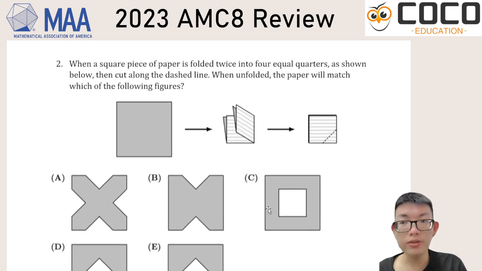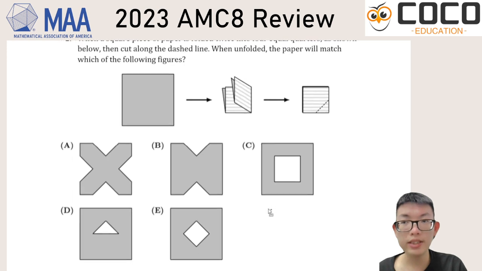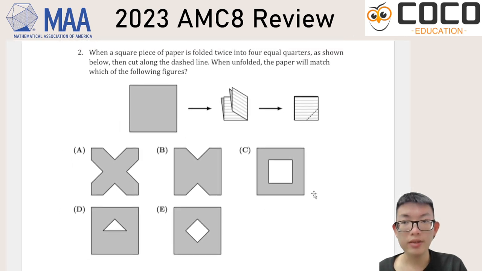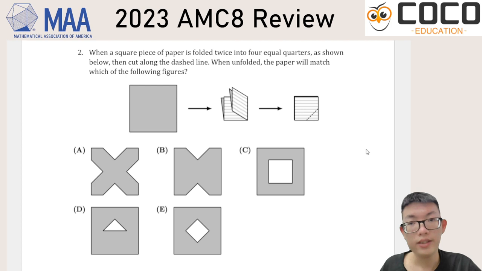For question 2, we have got this slightly messy looking bunch of patterns. But it is simply summarized as what happens when you unfold the pattern. And it's a pretty simple visualization, I guess, because you just need to look at how it was folded and then make sure that you unfold it correctly.